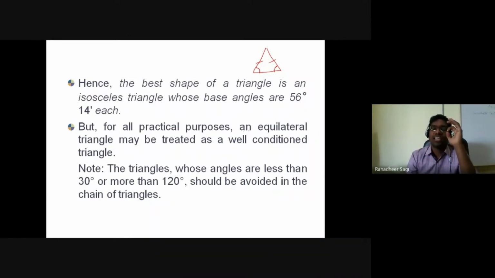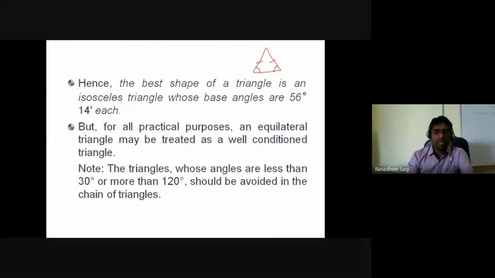We say that shape is the best shape, and that triangle is called a well-conditioned triangle. If you use a well-conditioned triangle in representing your triangulation network, the error accumulated in your calculations is very minimal, and it will not affect your calculations when you compare the original field dimension with your computed dimension.